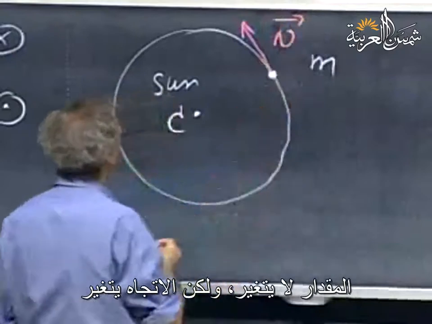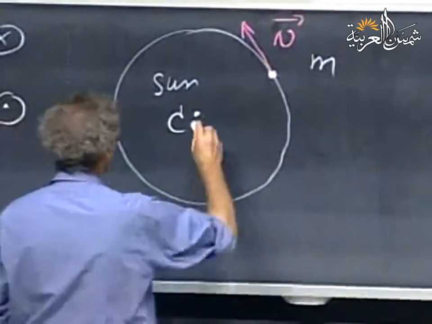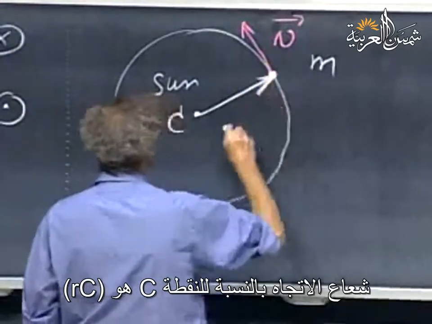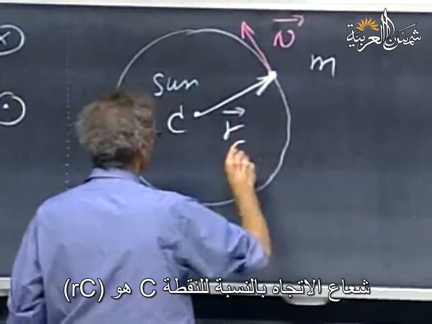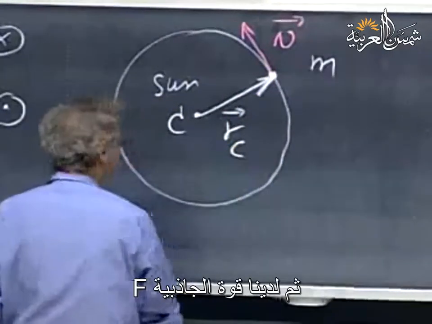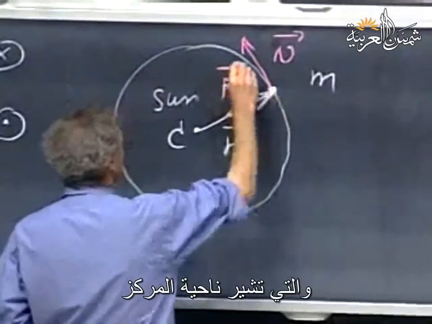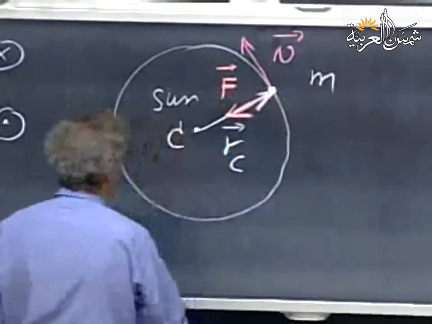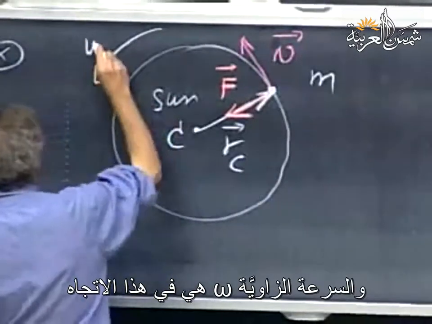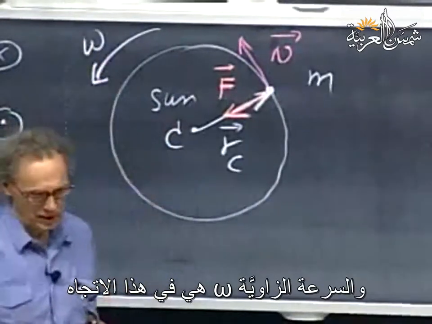The magnitude doesn't change, but the direction does change. The position vector relative to point C is r of C, and then we have a gravitational force, F, which is pointed towards the center, and the angular velocity, omega, is in this direction.